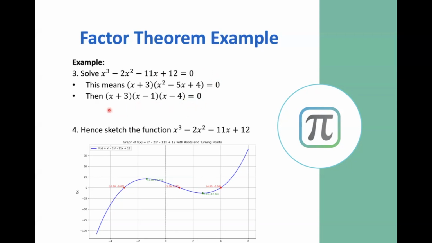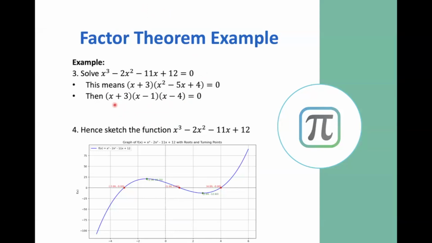Just pausing here for a second, if you were wondering why we had in the factor theorem x minus n, and then you put f of n to find the factor, it's because if x were minus 3, or if x were 1, or if x were 4, so let's take the first bracket. If x were minus 3, you would have minus 3 plus 3, which is 0 times the rest of this expression.